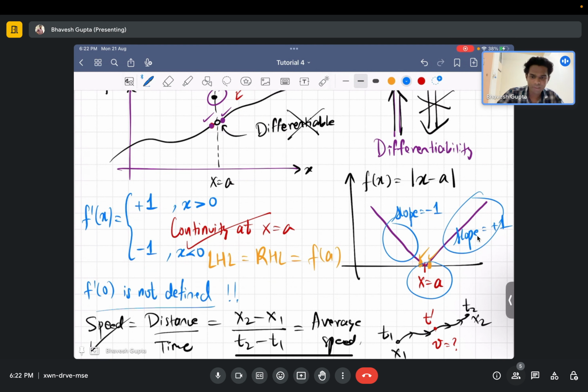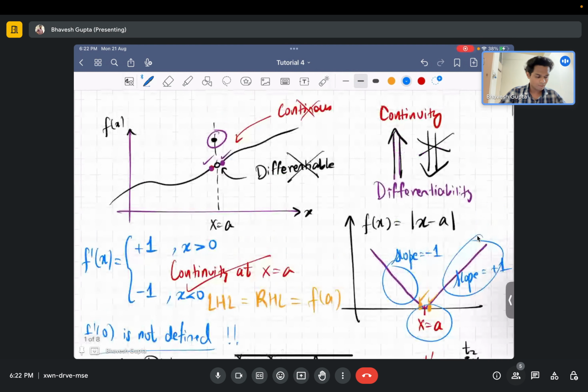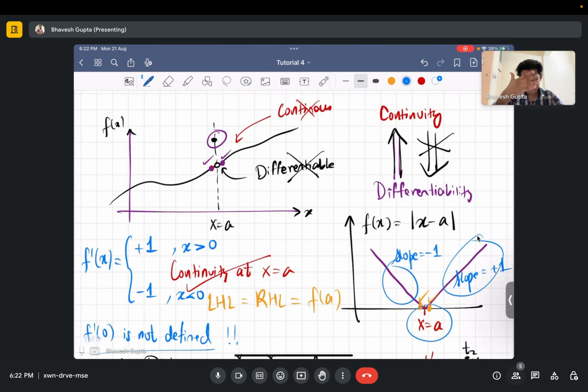Hope everybody got the idea of why continuity doesn't imply that your function is differentiable, but differentiability implies that your function is continuous. Here I have given you an example in which the function is neither continuous nor differentiable.